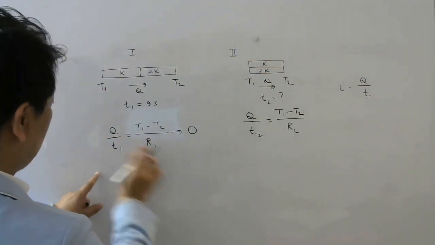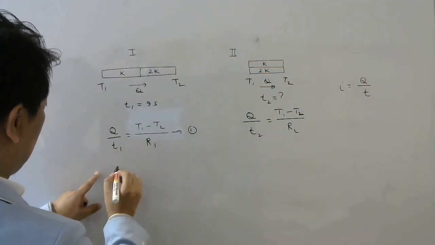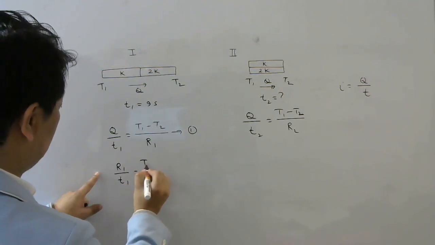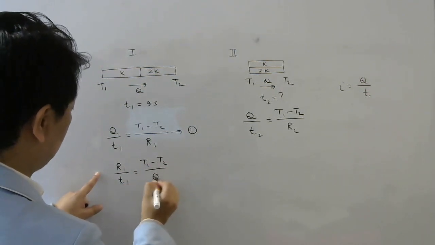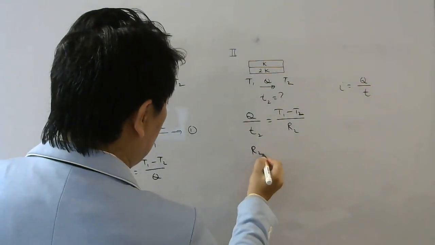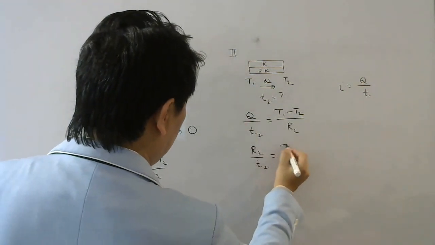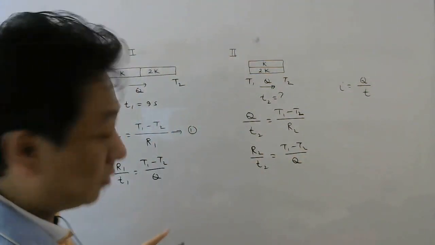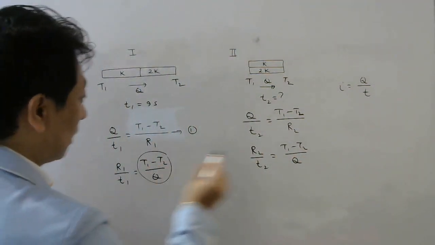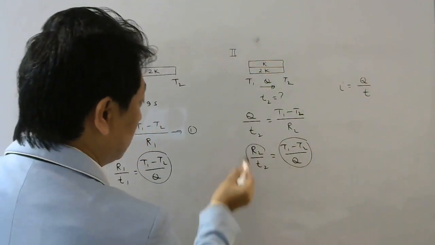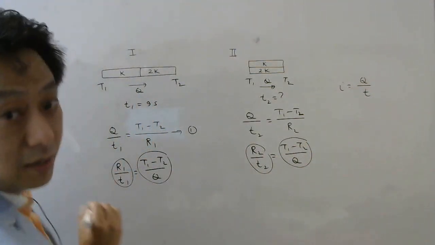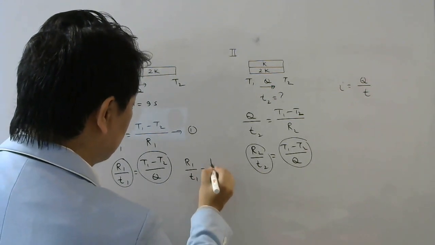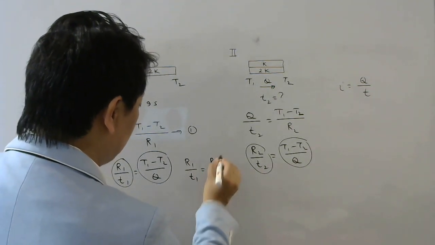Now you can see from here, if I cross multiply, I will get R1 by t1 equals T1 minus T2 by Q. Same thing if I do here, R2 by t2 will be T1 minus T2 divided by Q. Now from these two equations, what do we see? This side and this side are equal, so these two also should be equal, isn't it? So I can write R1 by t1 equals R2 by t2.